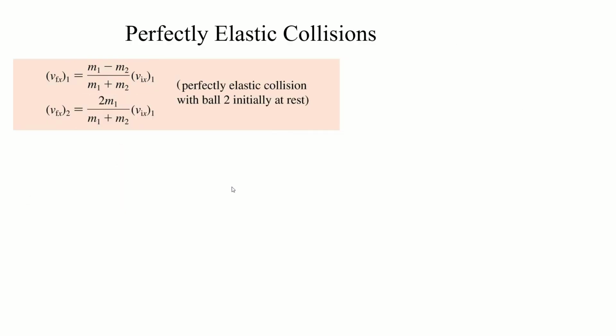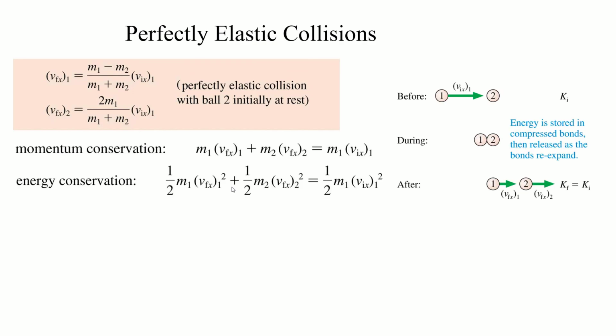So putting it all together, perfectly elastic collisions where one object is stationary before the collision: we have one object traveling and hitting a stationary object. Knowing that it is a perfectly elastic collision tells us that the kinetic energy is conserved before and after.